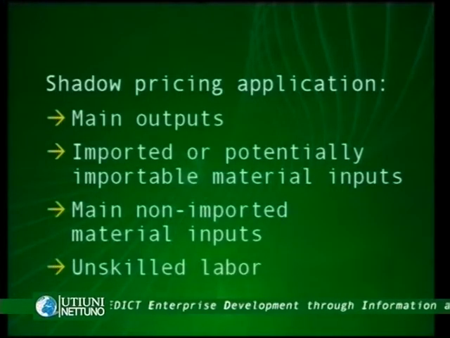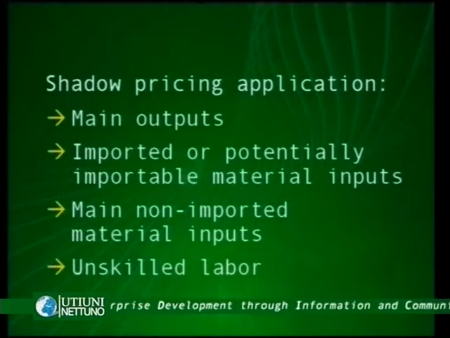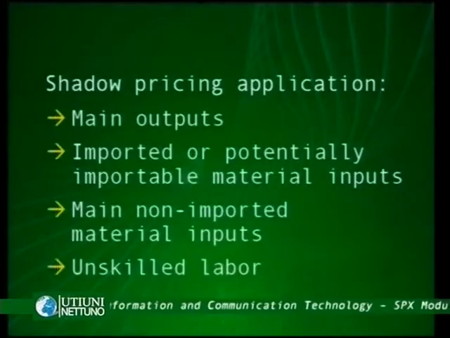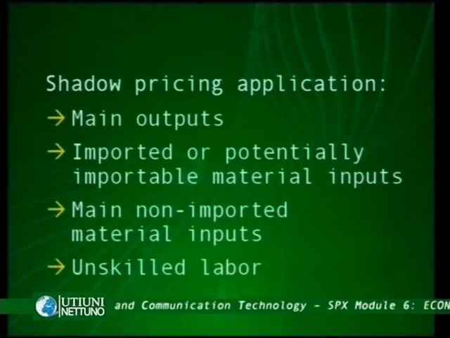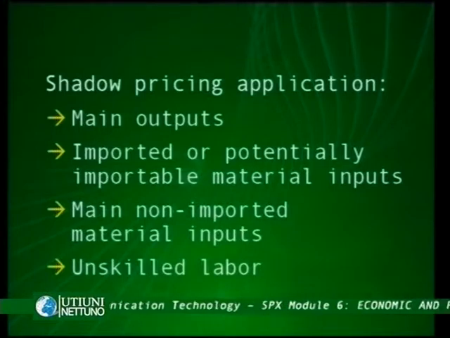So also in this case, economic analysis, and in particular shadow pricing, is strongly suggested. In the case of main non-imported material inputs that have a strong cost implication, and finally unskilled labor, for which typically we observe higher distortion in the market prices.